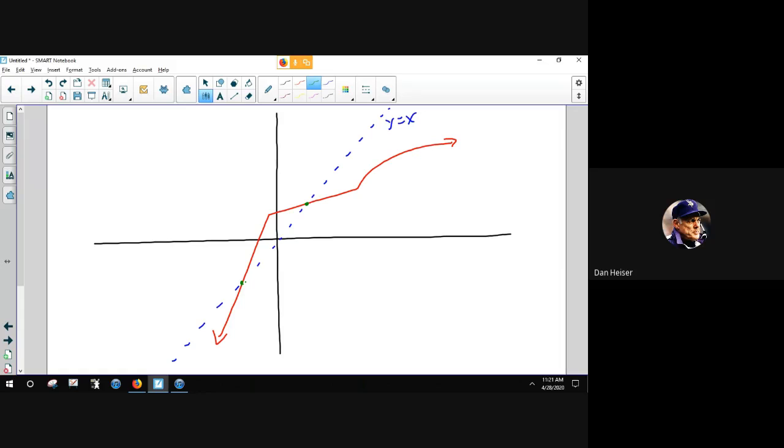And we are going to rely on my artistic skill here. That's a little off. That's kind of sort of what's going on. From this point on down, the function is going to be below the blue line. So its inverse is going to be on this side of the blue line.